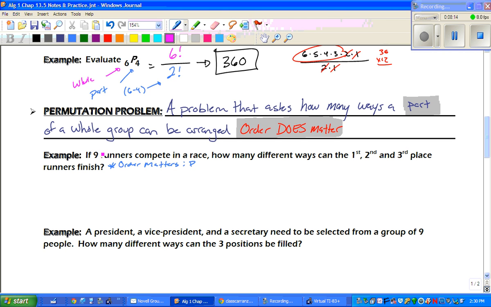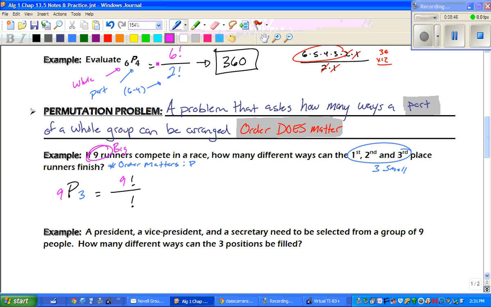So we've got 9 as our big number, and then 1, 2, 3, so 3 is the small number. So it would be 9P3, which equals what?